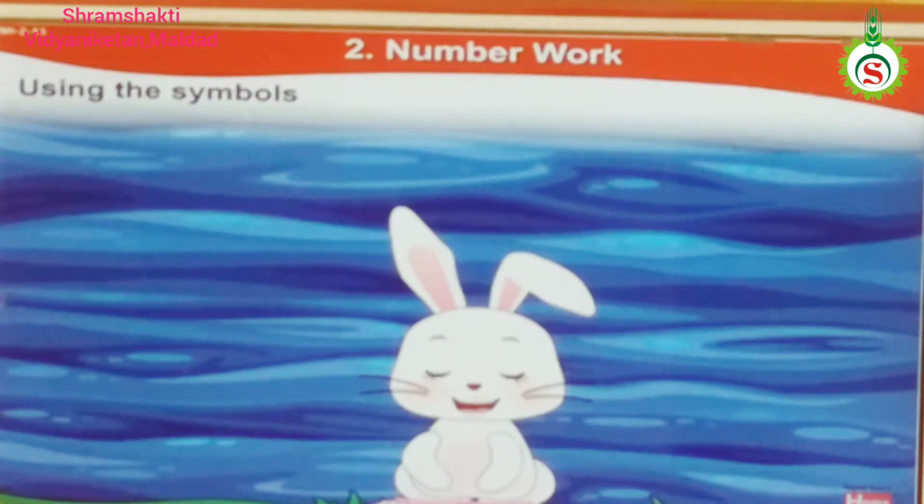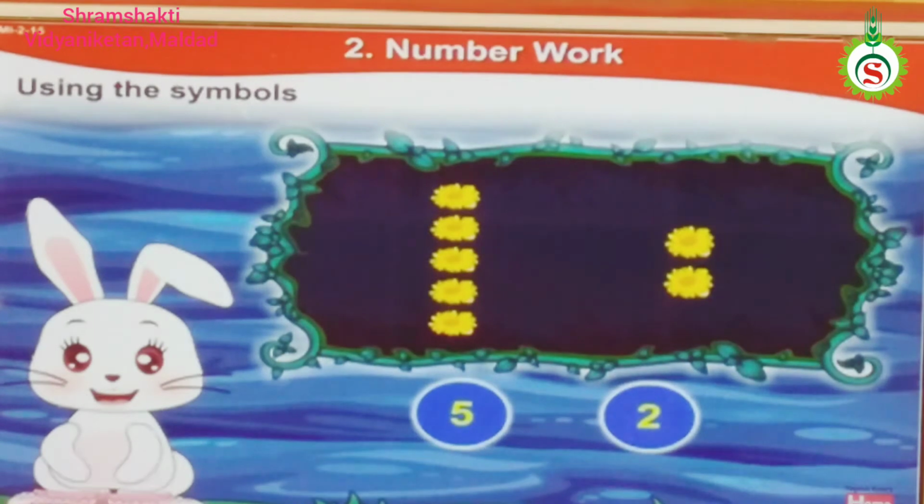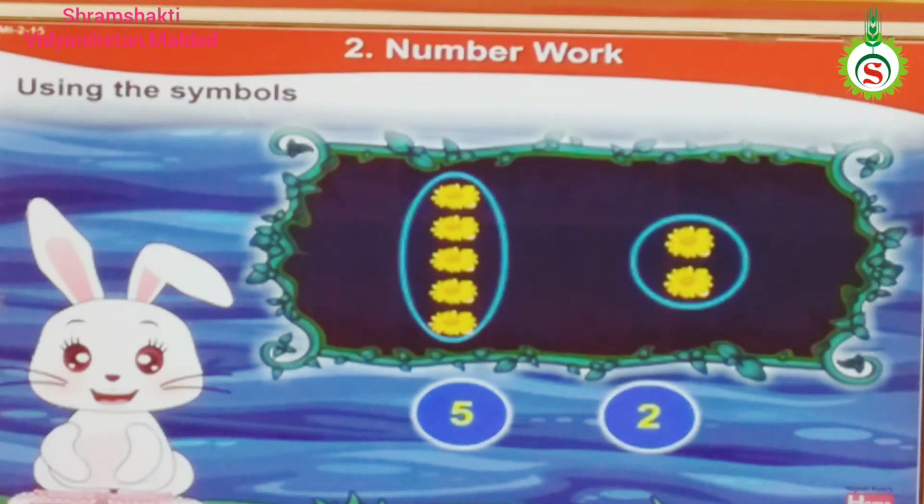Using the symbols. Now we've already understood the concept of bigger number and smaller number. We can actually represent them by using symbols. Let's see an example. Now we have numbers 5 and 2. You know that 5 is definitely bigger than 2, so you can write it with the symbol of greater than 2.